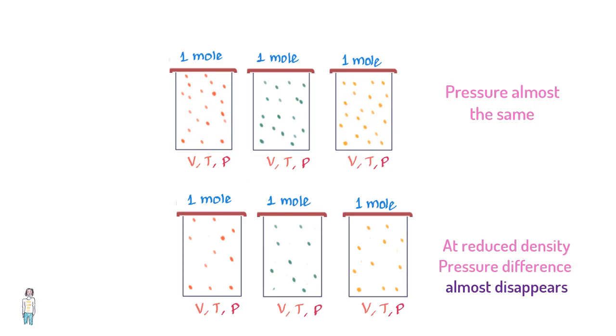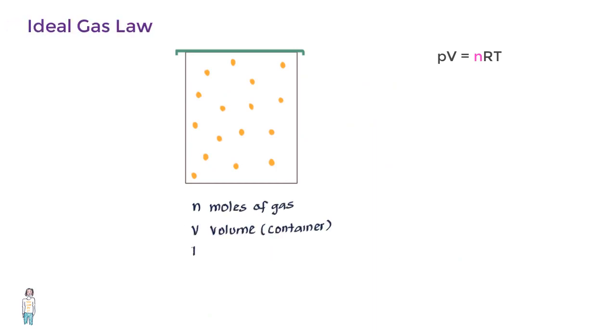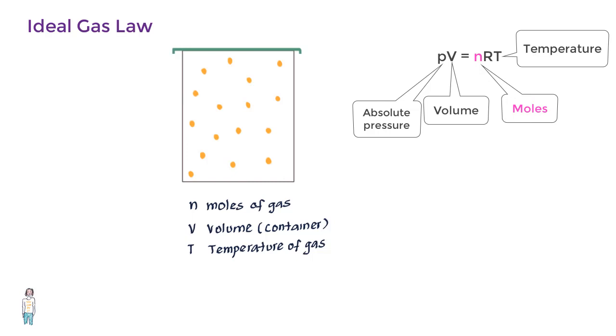So at low density or dilution, all gases obey the relationship PV = nRT, which is the ideal gas law. Here the small p is the absolute pressure, not the gauge pressure. V is the volume of the gas, n is the number of moles of gas contained, and T is the temperature measured in Kelvin.